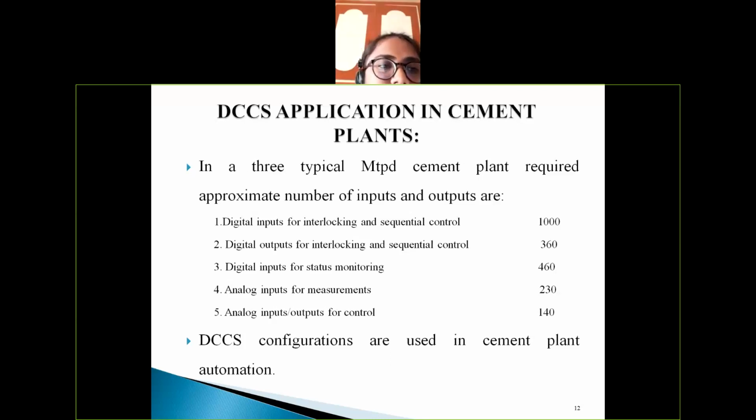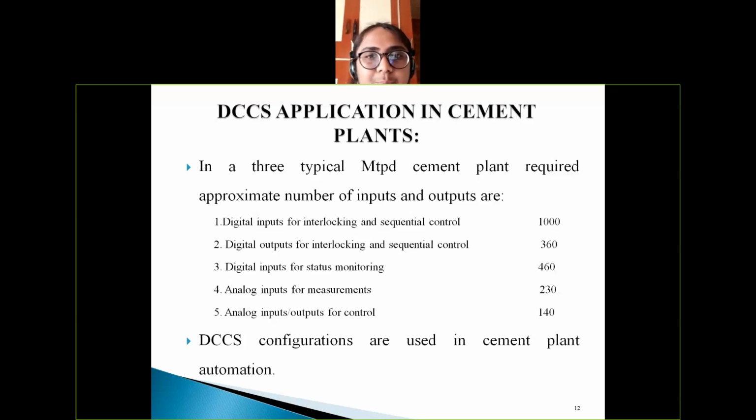In a typical plant, the approximate number of inputs and outputs are as follows. Digital inputs for interlocking and sequential control is 1000. Digital outputs for interlocking and sequential control is 360.